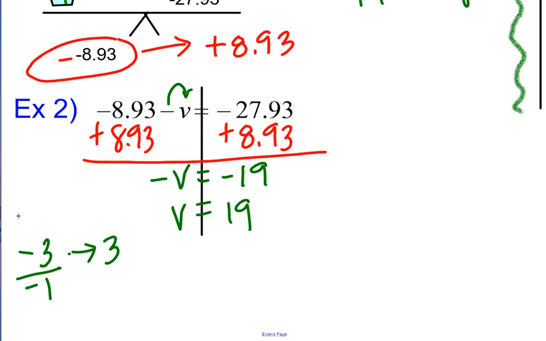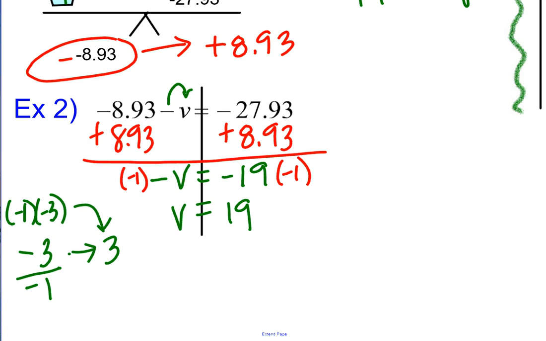Or I can multiply it times negative 1. Either one of these things is going to turn it into this positive 3. So theoretically, what's happening with the v is if I multiplied both sides by negative 1, which I'll do right here just to show you, we know that now that negative sign went away, and a negative times a negative would give us a positive.